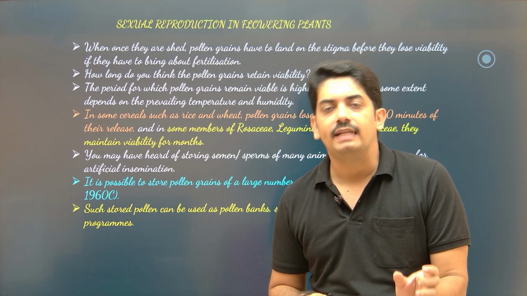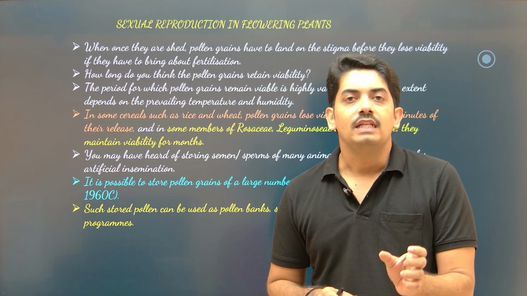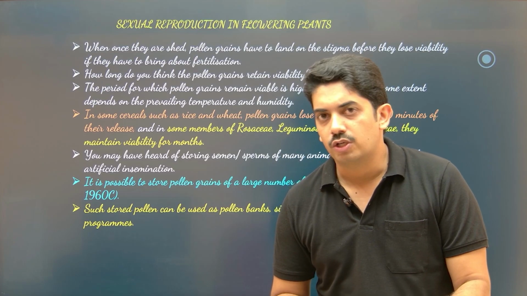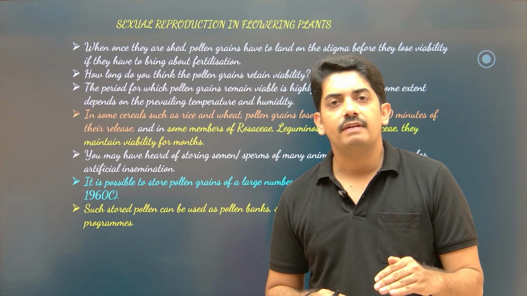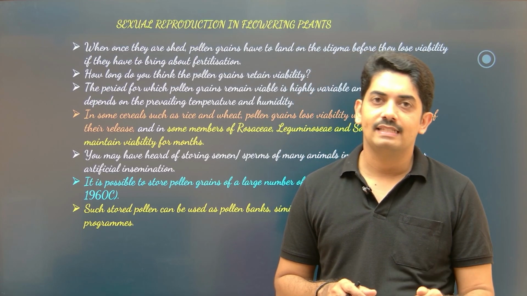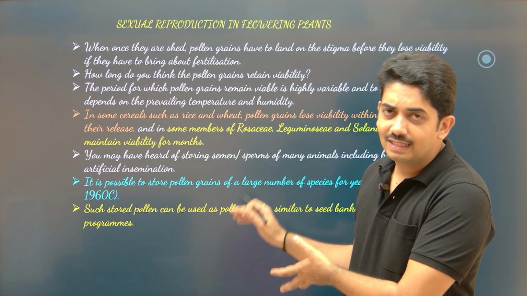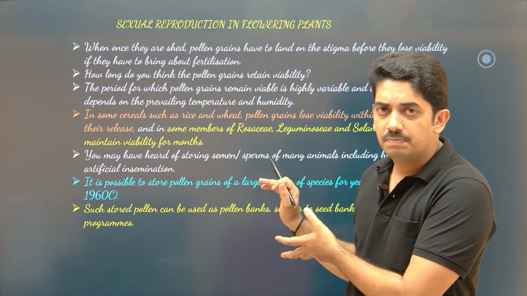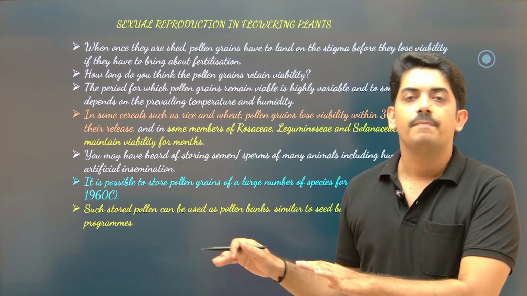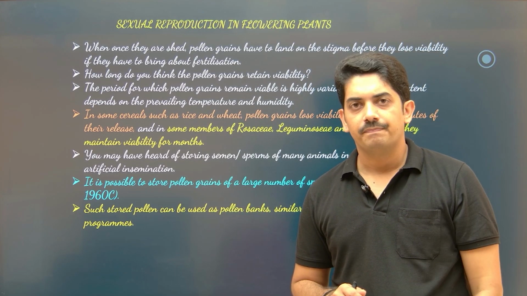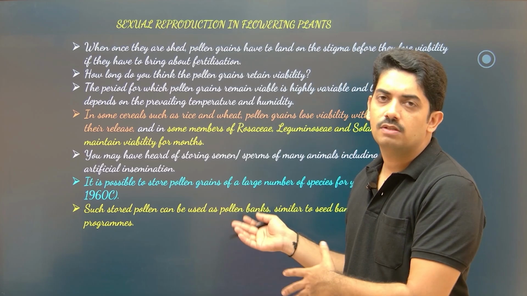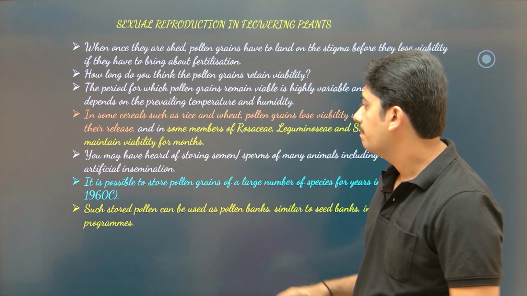That process we call cryopreservation. In cryopreservation, in liquid nitrogen, the temperature of the liquid nitrogen is minus 196 degrees Celsius. These male gametes like pollen grains and sperm in the semen can be stored, which later can be used in pollination, or in the case of animals for insemination.